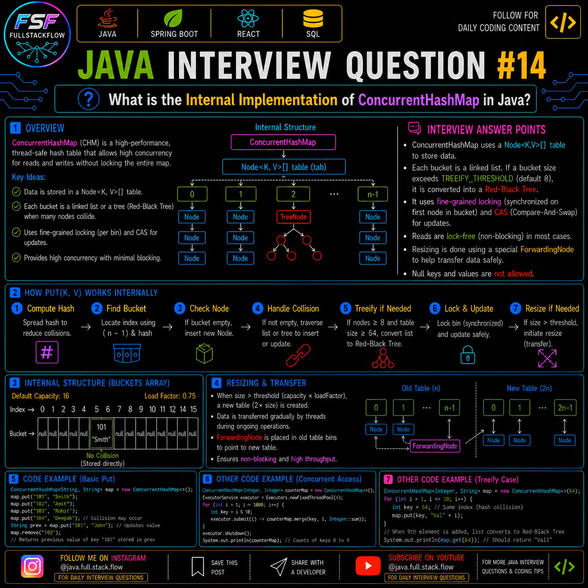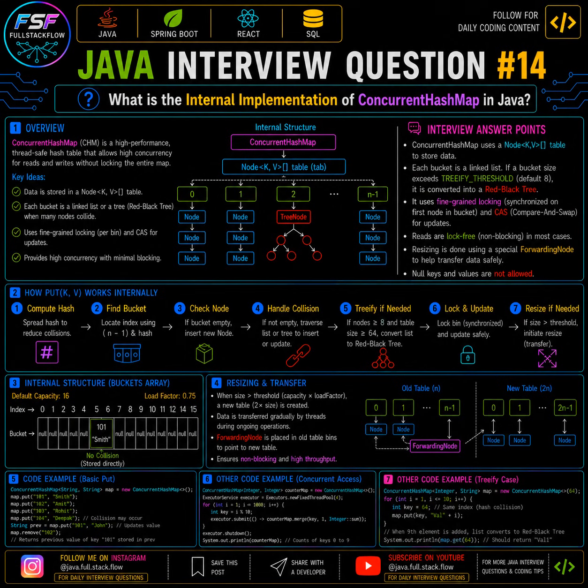If more keys generate the same bucket index, multiple nodes are connected together. And when too many elements are stored in the same bucket, Java converts that linked list into a red-black tree. Why? Because searching inside a linked list is order of n and searching inside a red-black tree is order of log n. So Java automatically improves performance.